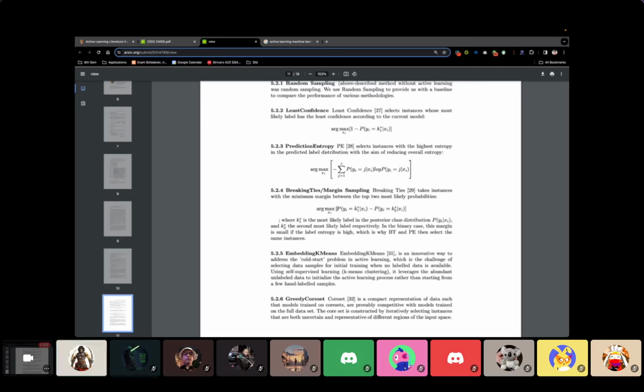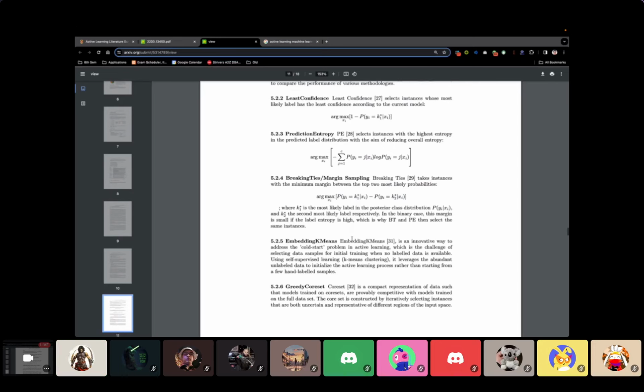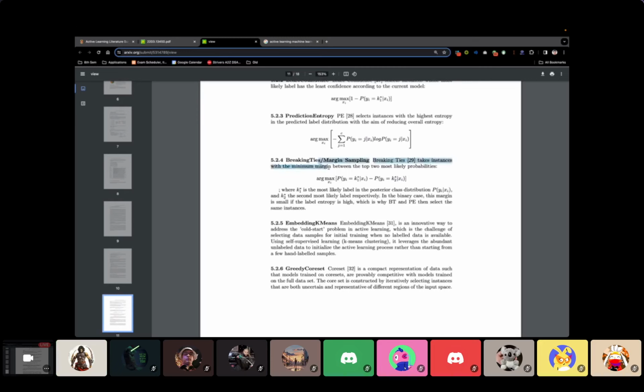So suppose there are 5 classes, and the predictions are very close for the first and second class, then that sample should be learned as compared to the classes where the prediction for the most probable is way more than the next one. So this is margin sampling.